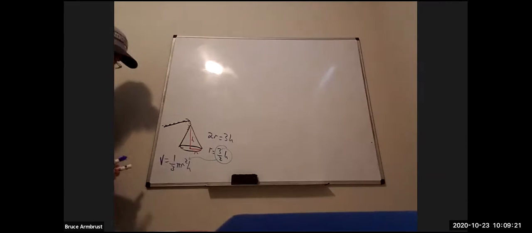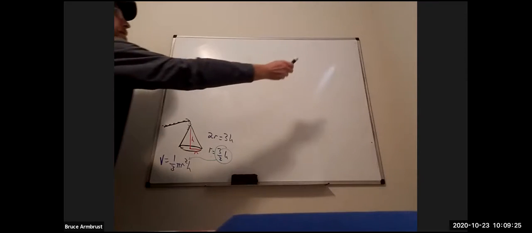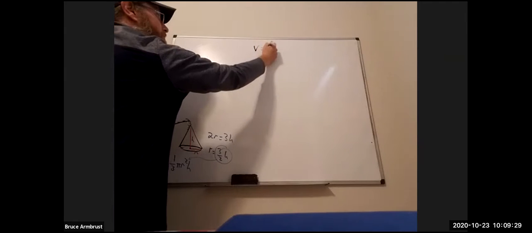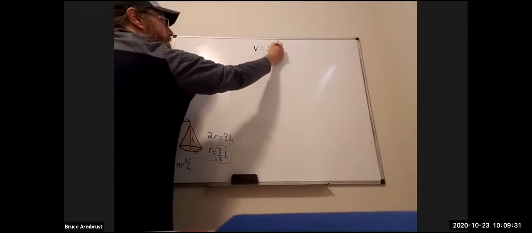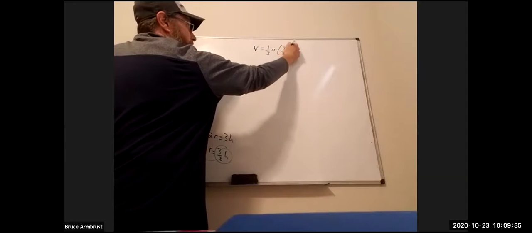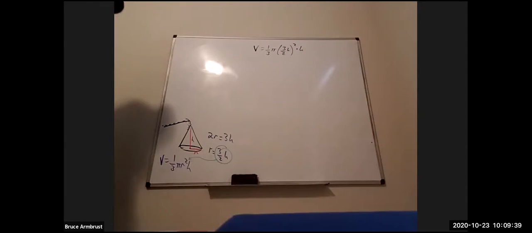I'm going to run back up to the top of the board, and let's see if we can simplify this a bit. So the volume is 1/3 pi r squared times h. So pi times r, which is now 3 halves h squared, times h.